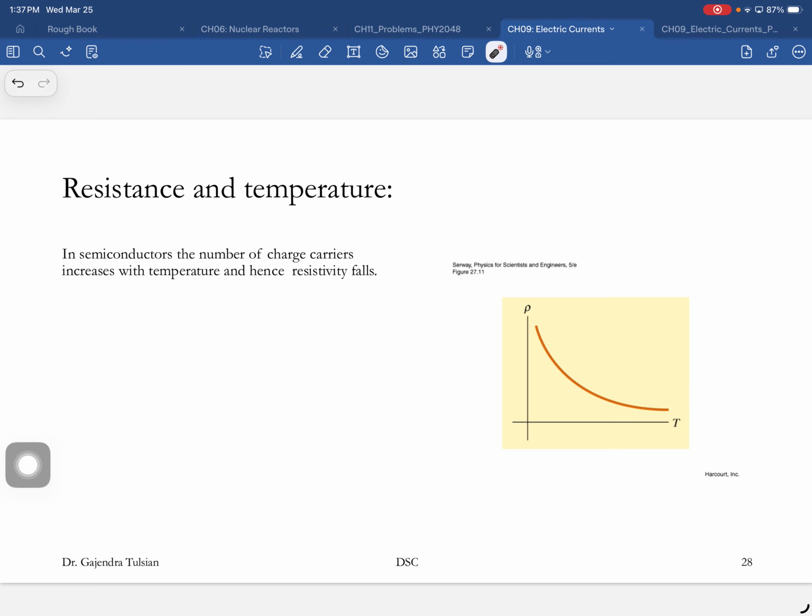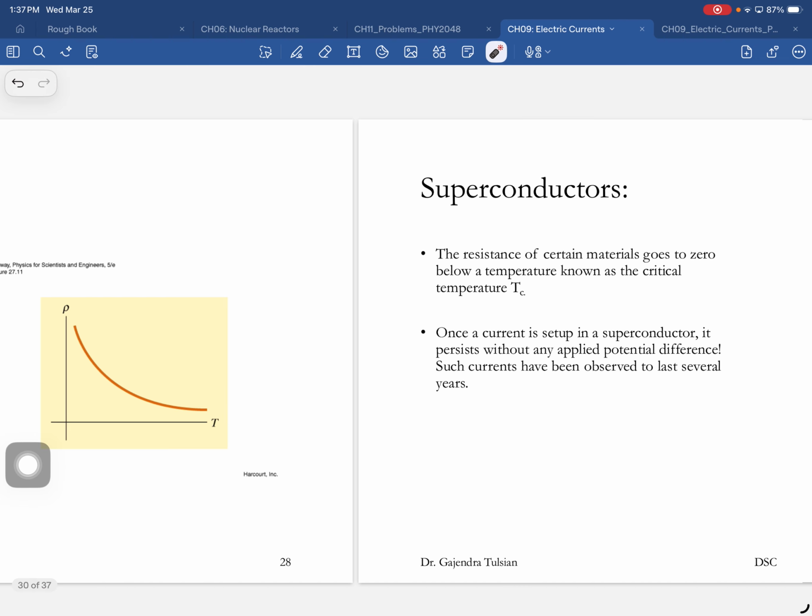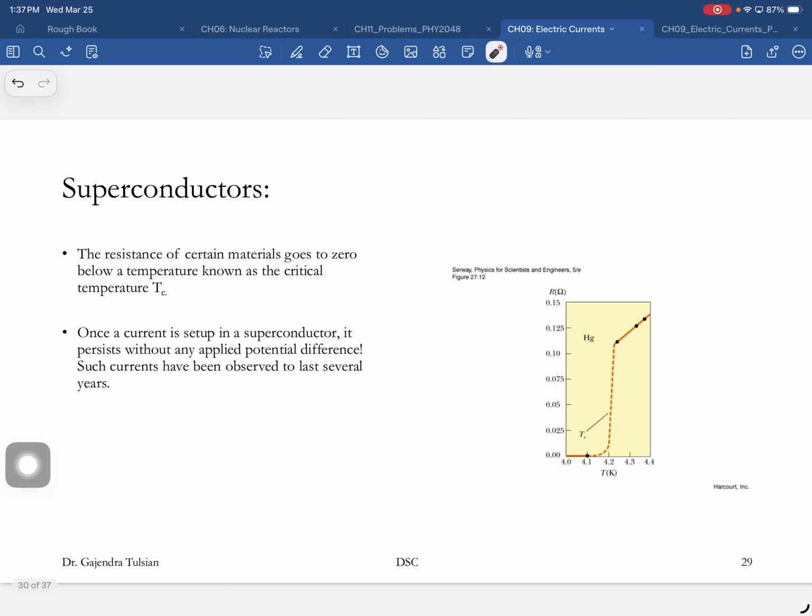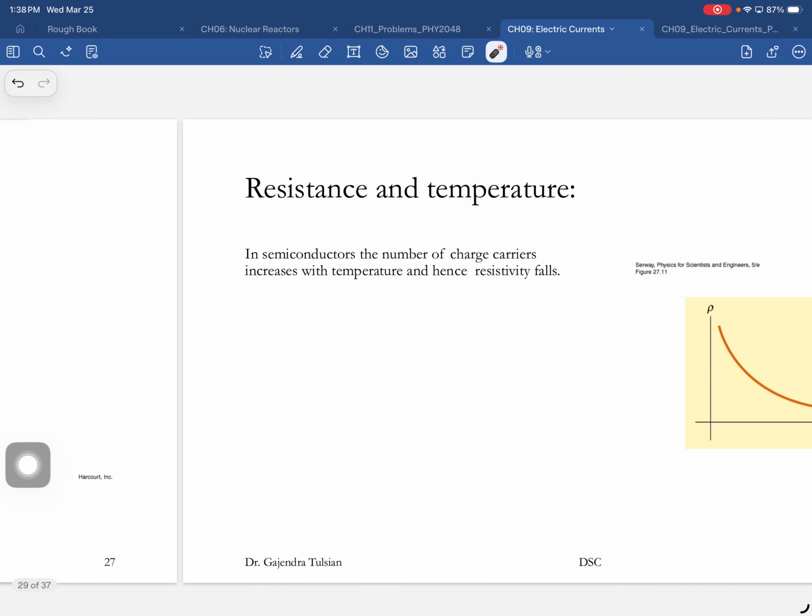But you're increasing carriers, okay? Look at this guy. So here's a material. You decrease the temperature and the resistance at this critical temperature went to zero. Not a finite value.